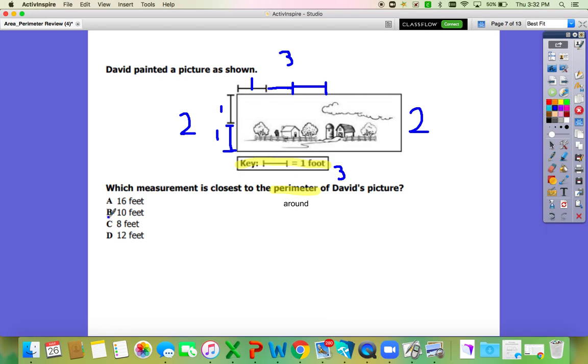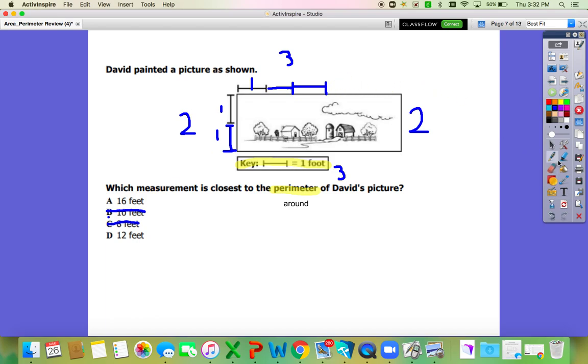Well, that is an answer choice. But did I fill up my whole side? No. So I know 10 can't be an answer. And if 10 can't be an answer, then neither can 8, because it is definitely bigger.